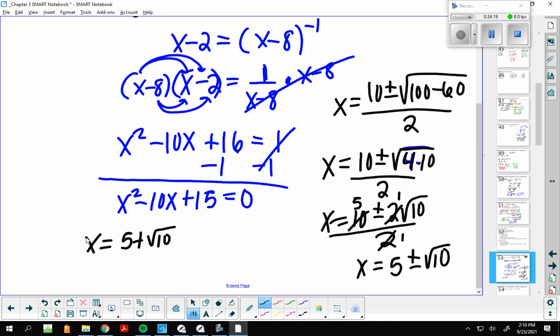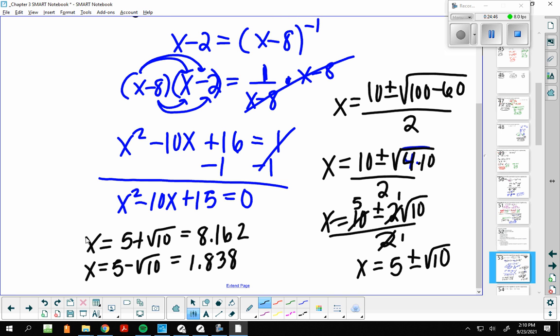So 5 plus the square root of 10 is an exact answer. When we plug it in, that's going to be an approximate answer. So that's 8.162. And then 5 minus the square root of 10 is 1.838.